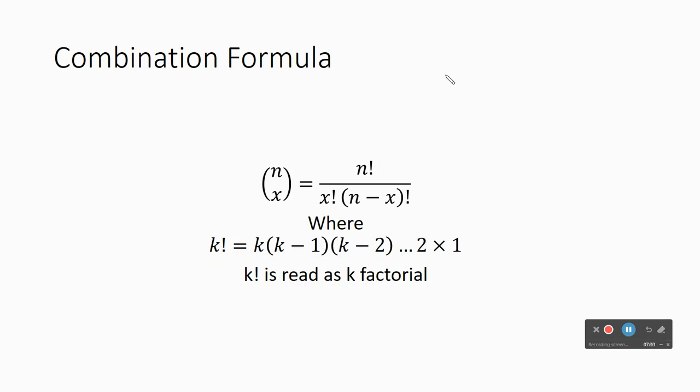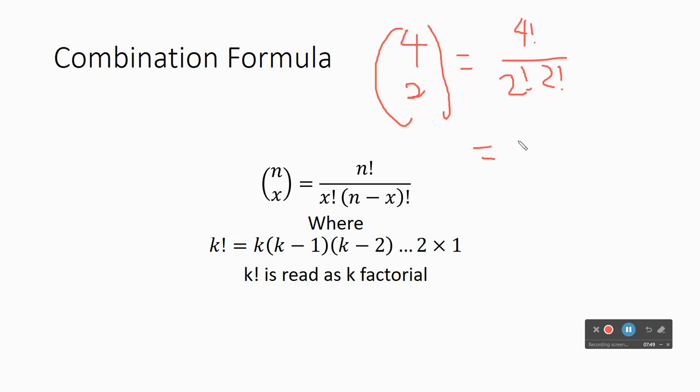So, for instance, I would have 4 choose 2 equal to 4 factorial over 2 factorial times 2 factorial. 4 factorial is 4 times 3 times 2 times 1.